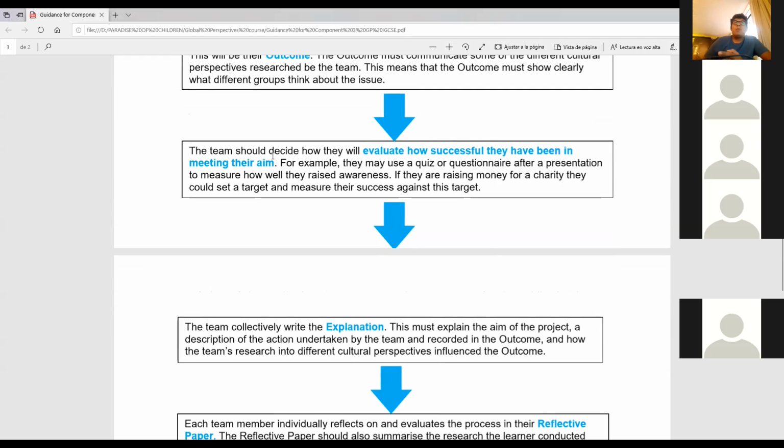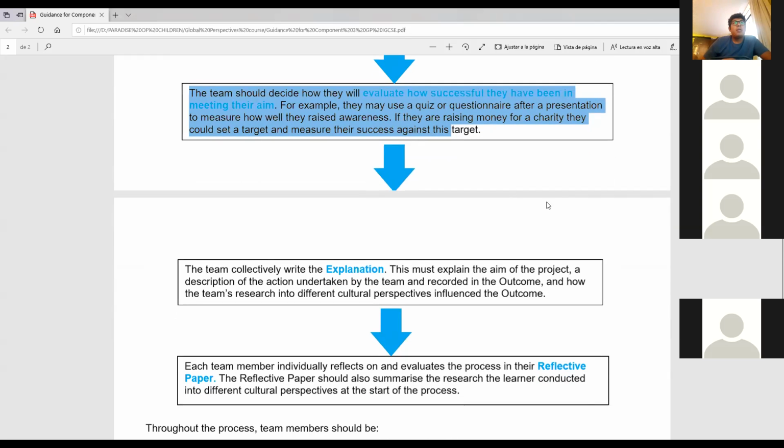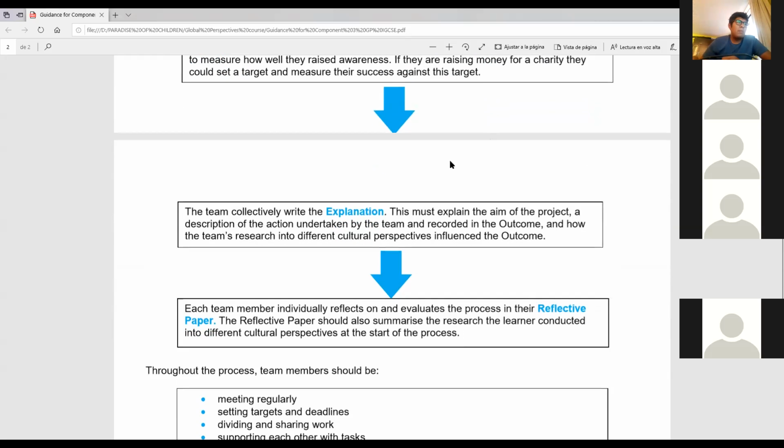Okay. Remember that this is also specified in the SMART plan. In the measure, in the second step of the SMART plan. How are you going to measure that you're achieving what you wanted to achieve? And then you're going to collectively, which means all of you, the team members, write the explanation, which has to explain why you did what you did.